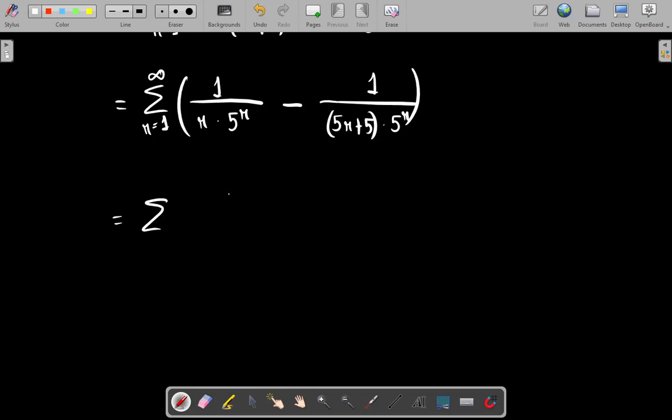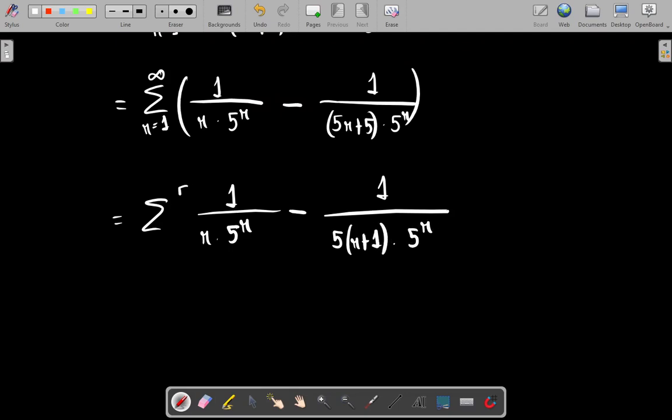Okay, so I'll keep the first term as it is, and in the second term, if I take 5 common here, this becomes 5 times r plus 1 times 5 raised to the power r, and the sum goes from 1 to infinity.